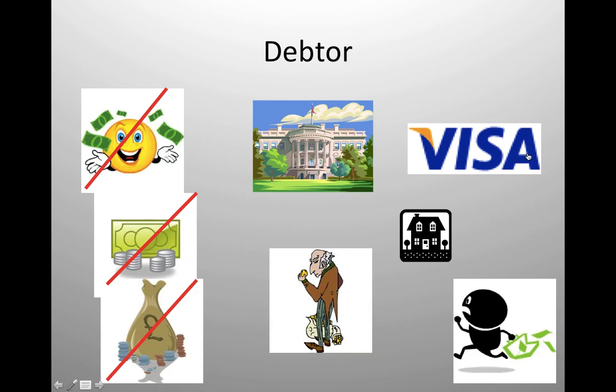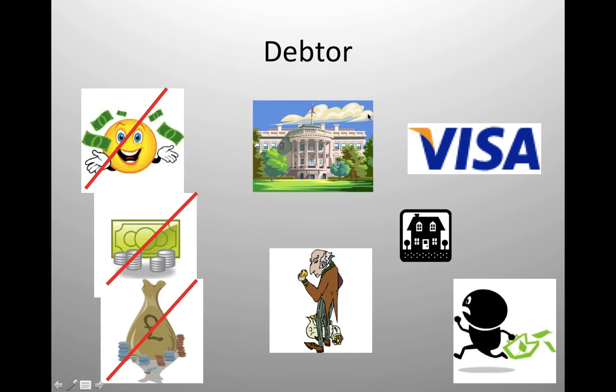Then if I look over here, I see a Visa logo. Oh, that's a credit card. Picture of a house, the White House, this guy who looks like he's got a lot of money, and this little guy who's running away with things flying out of his briefcase. So what does a debtor mean? Well, a debtor is somebody who owes money to somebody who is in debt.